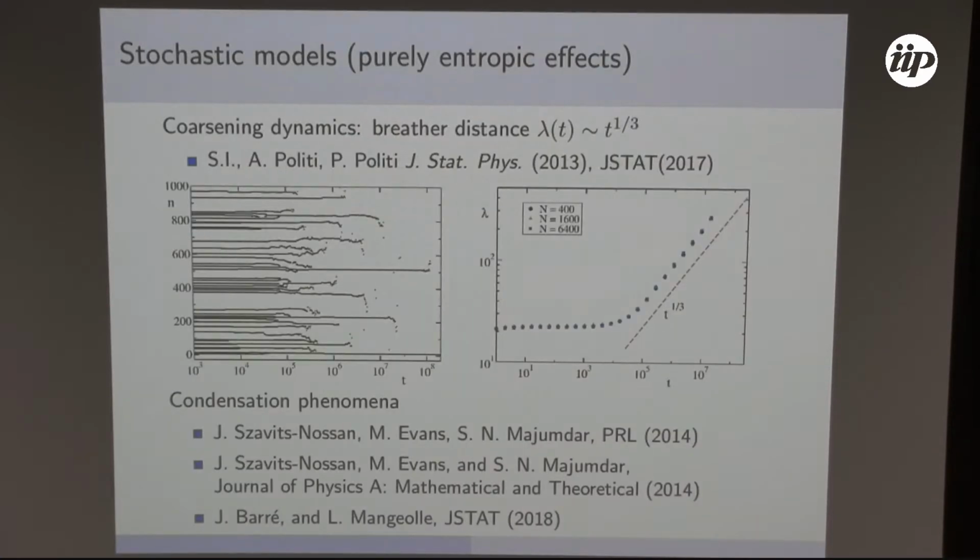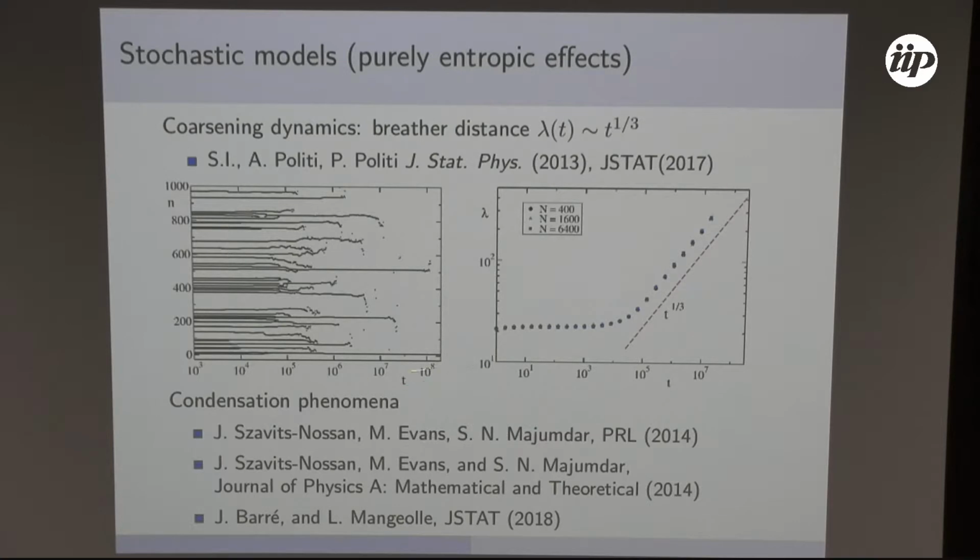And what you see is a coarsening of breathers. So here again, I'm plotting the evolution of breathers as a function of time. I start from an initial condition where there are some breathers, and indeed you see here the convergence to the equilibrium state that was described by Rumpf. You see that the number of breathers decreases as a function of time until you are left with only 1 breather.